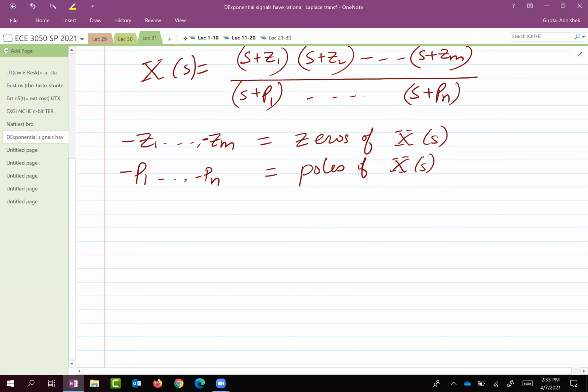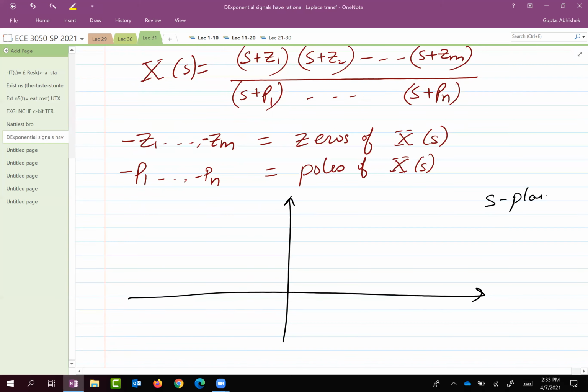Now, whenever we talk about zeros and poles of a Laplace transform, we would typically represent them in the complex plane, which is called the S plane. And we will represent the poles with crosses. So this is minus P1, this is minus P2, this is minus P3, this is minus P4. So all the poles are represented by cross, and all the zeros are represented by small circles.